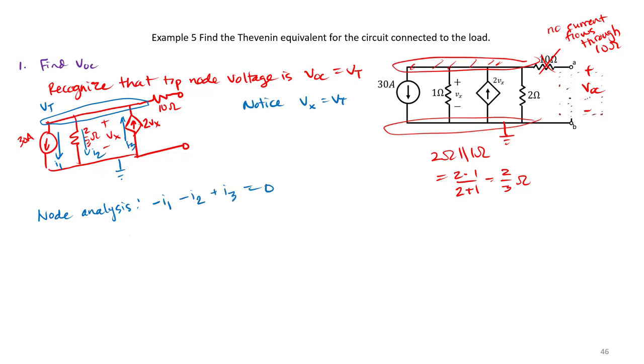So I determine I have minus 30 amps. 30 amps is leaving. I have I2, that is just minus Vt over 2/3. And then I also have 2Vx coming in. So remember, Vx is equal to Vt, so I'm just going to call that plus 2Vt equals 0.